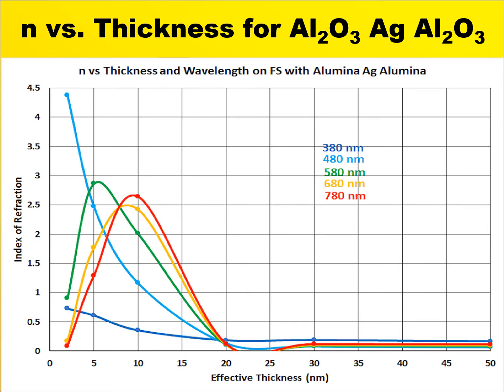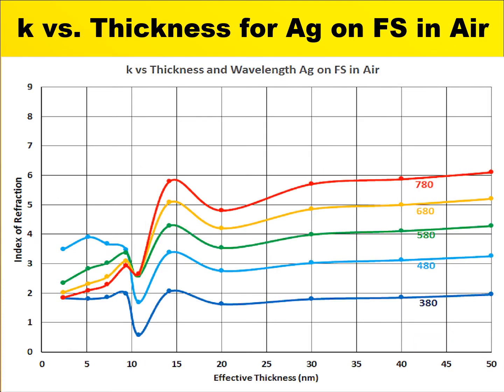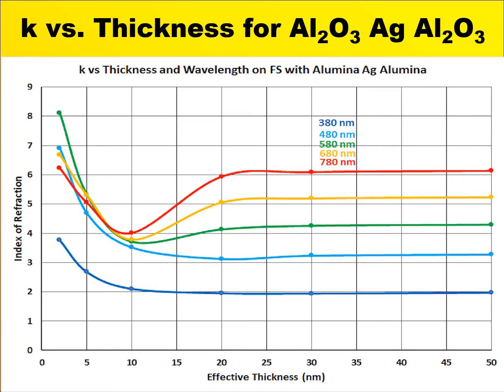There are other things in the literature where they show processes and adjacent layers where it will become as though it were a continuous bulk film at even thinner films, which is sometimes desirable. Here's the K value versus thickness for the silver on fused silica in air, and the K value for the aluminum oxide, silver, aluminum oxide.